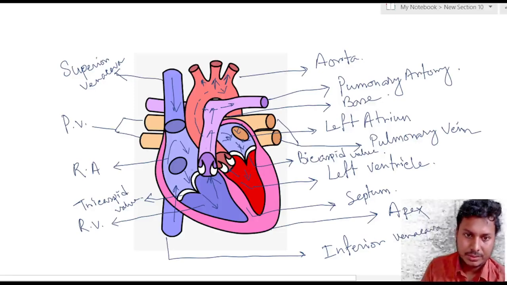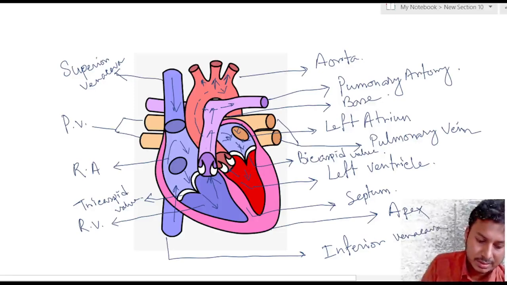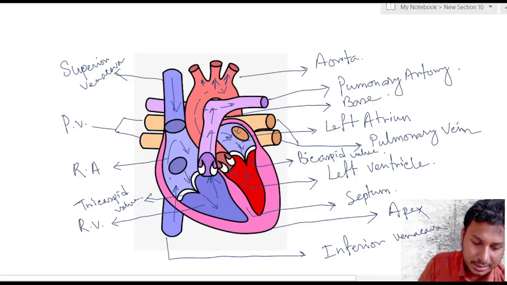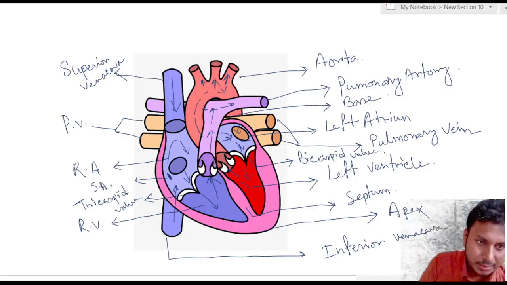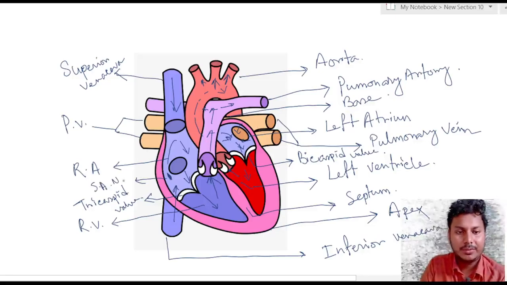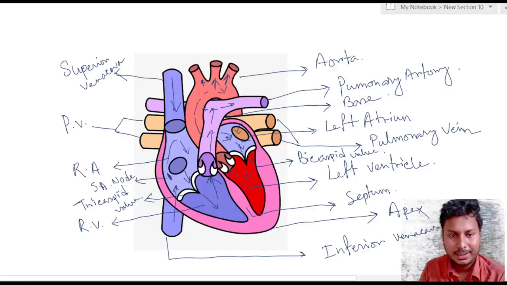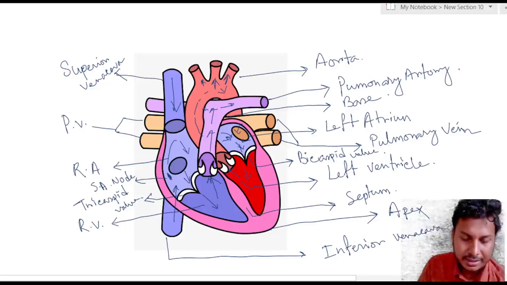So here are some note points. Here is our SA node. What is the SA node? It is nothing but an electrical pulse. It gives a pulse, and the right atrium gets contracted. Similarly, here is the AV node.